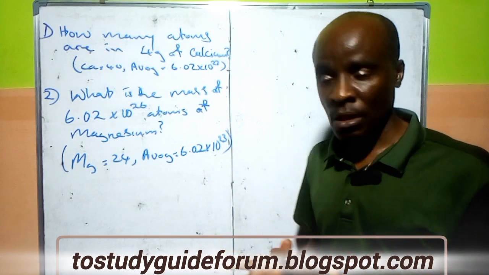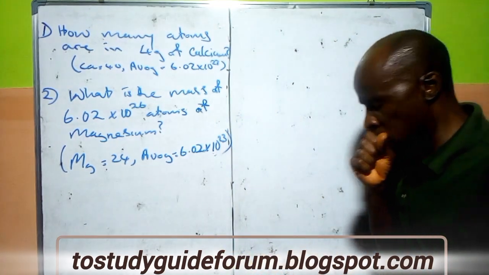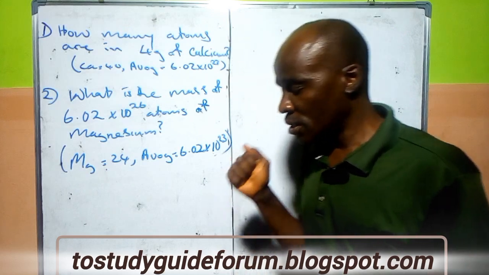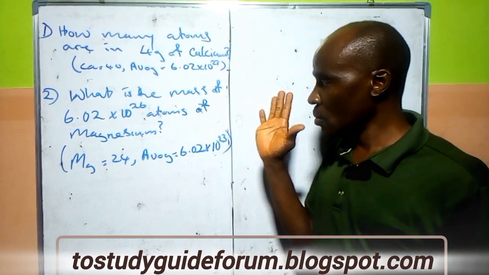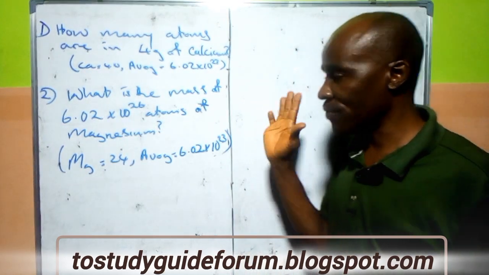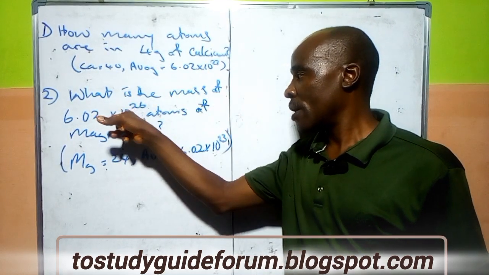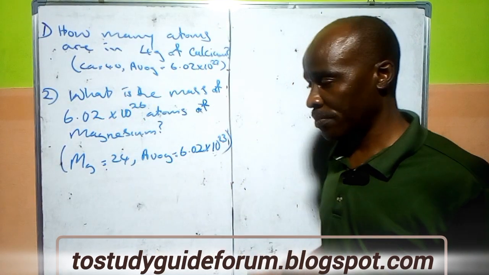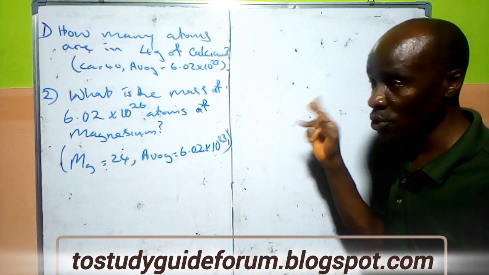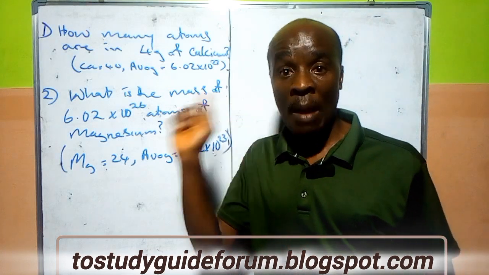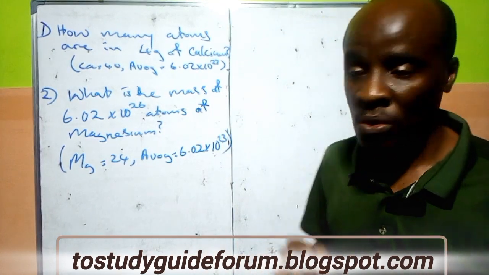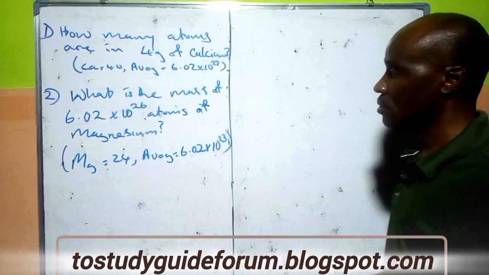So the molar mass of any substance contains Avogadro's particles, and the molar mass is also equal to 1 mole of that substance.